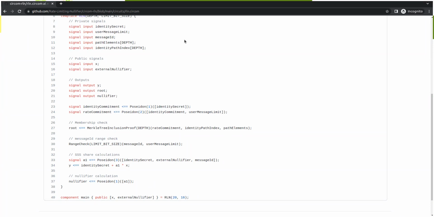Yeah, anyone can send the same message again and again, and they won't be slashed because the share will be the same every time. The thing is that these kinds of attacks are prevented on the network layer. If peers see that the same message is sent, they can just decline it.